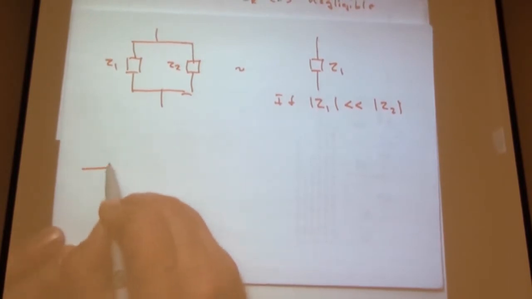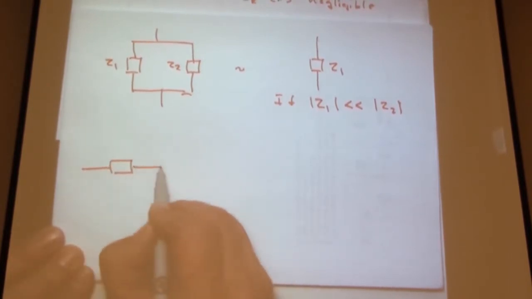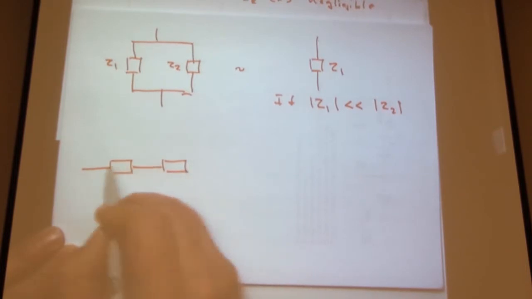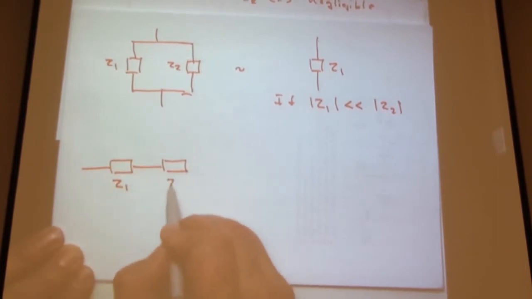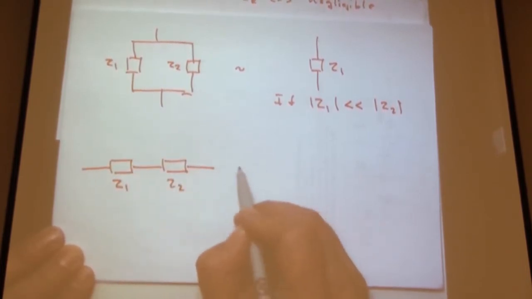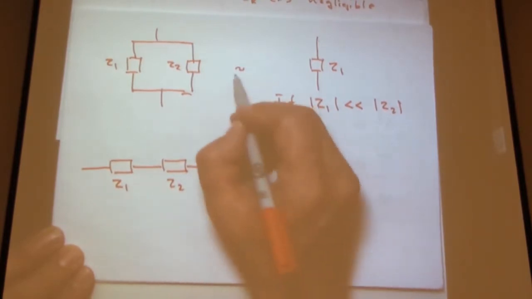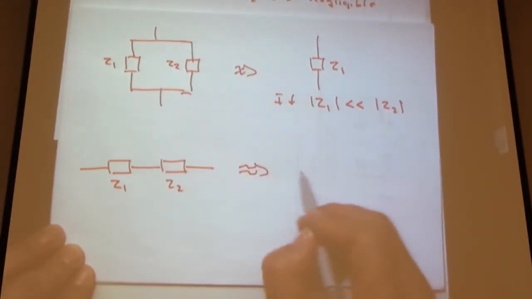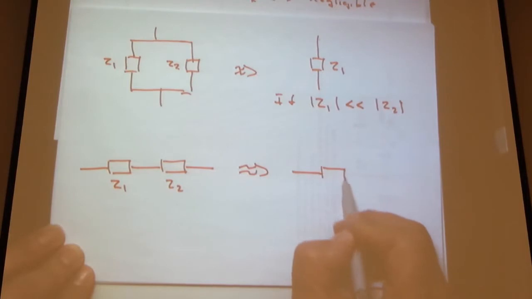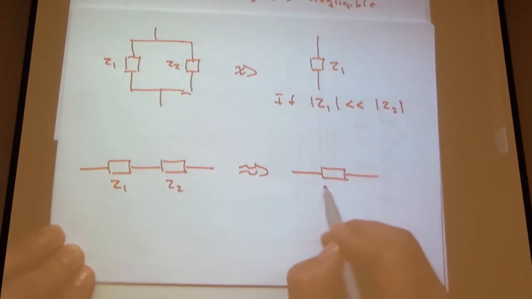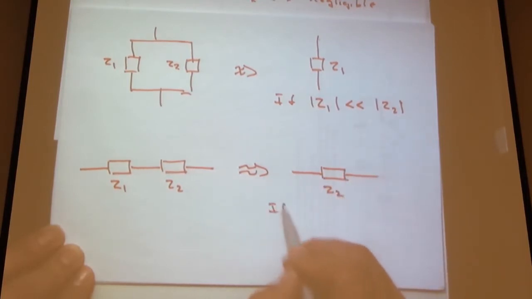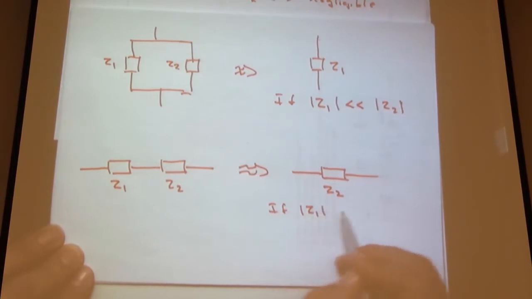On the same token, if we have Z1 and Z2 like this, that's approximately Z2 if, same rule, the magnitude of Z1 is much less than the magnitude of Z2.